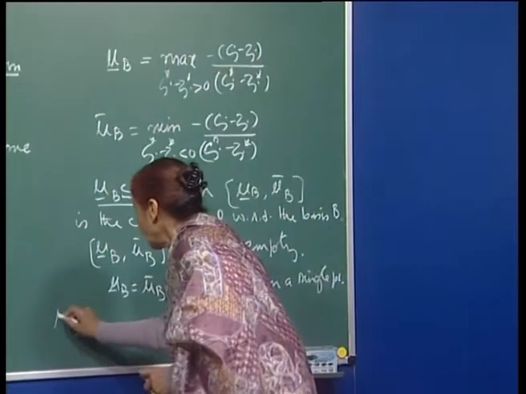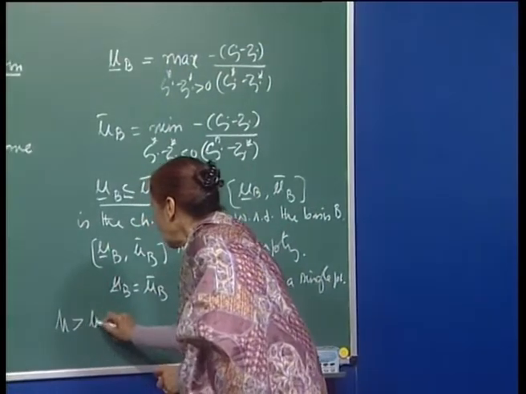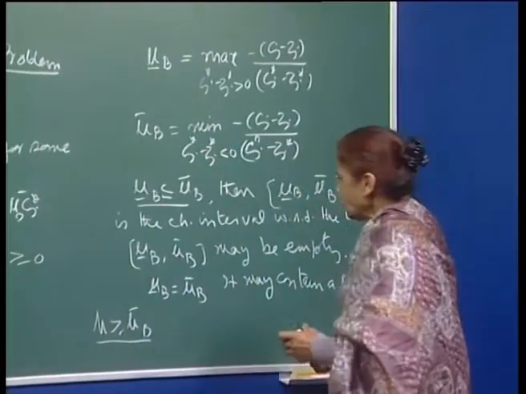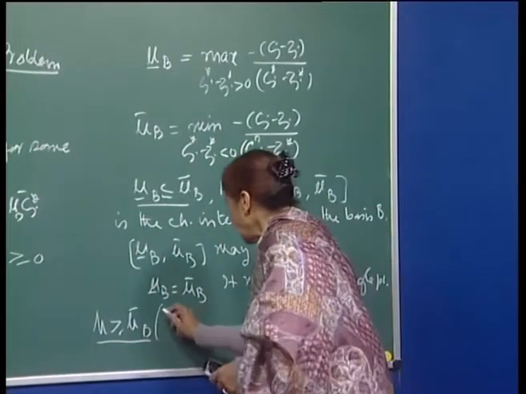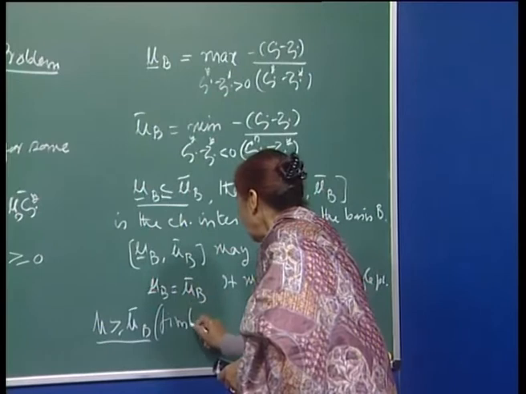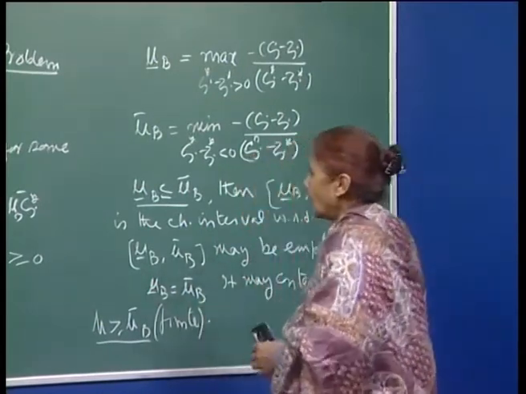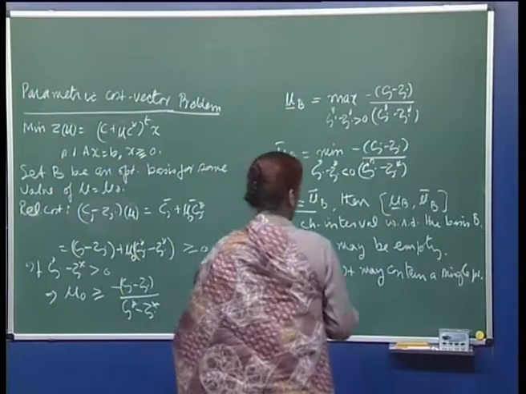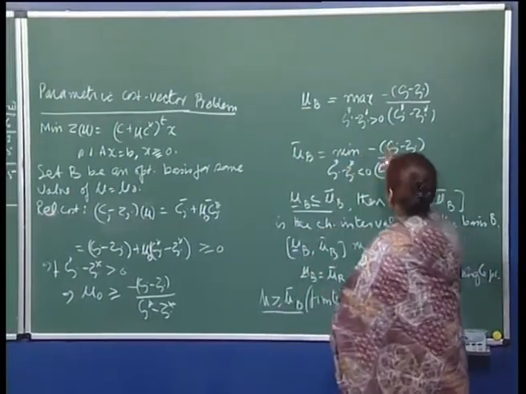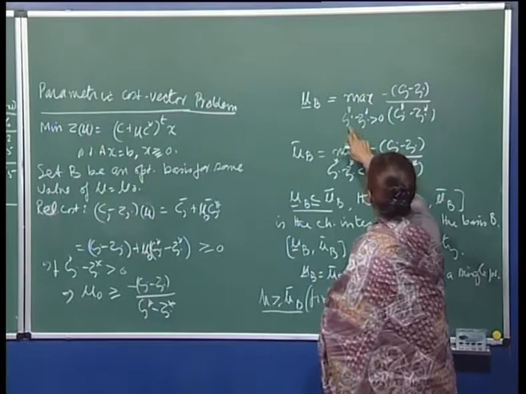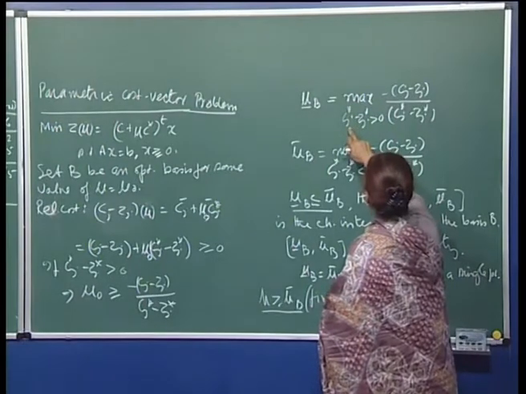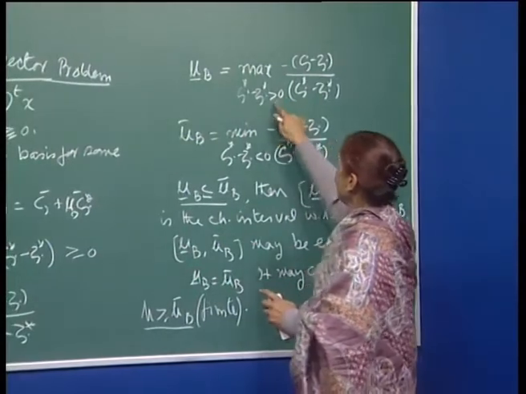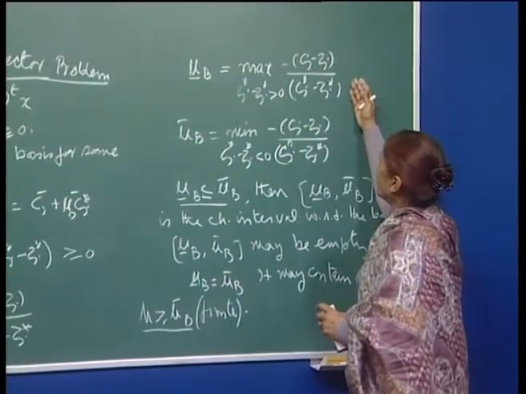For example, if you want to take mu greater than or equal to the upper bar, then of course, if this is finite, you can see from here also that yes, I should have written this. It's not complete yet, because if there is at least one j for which Cj star minus Zj star is positive, then you can compute this.